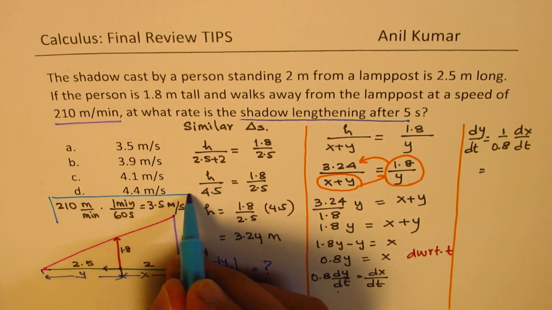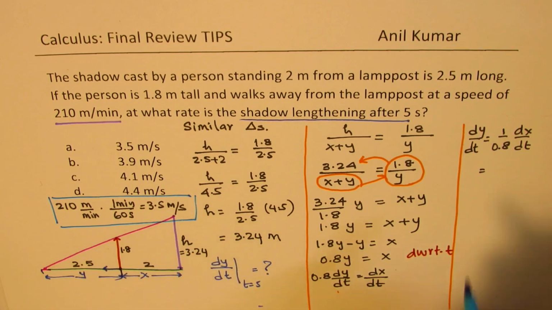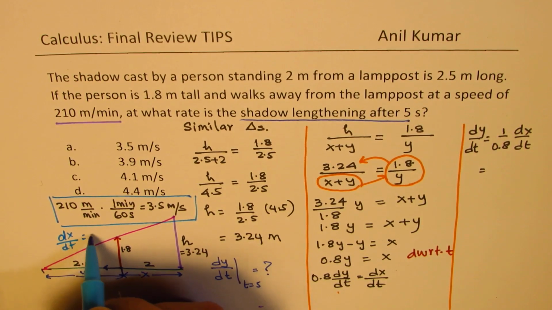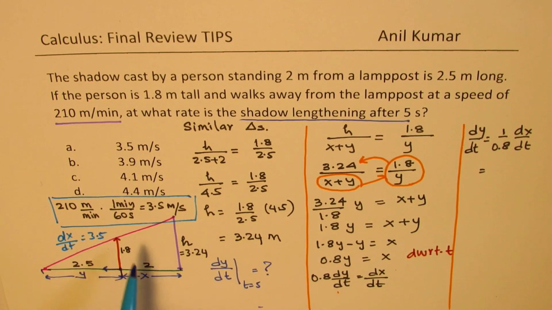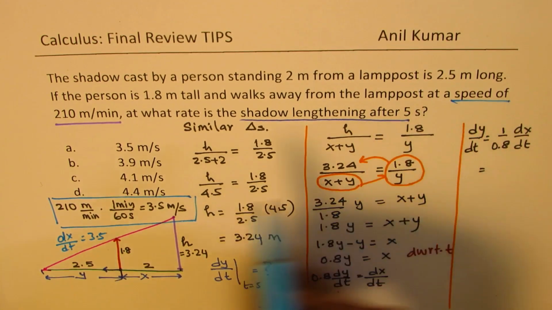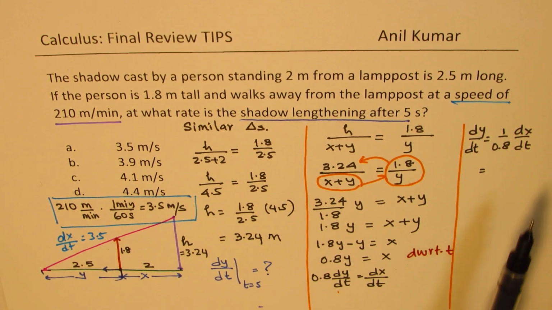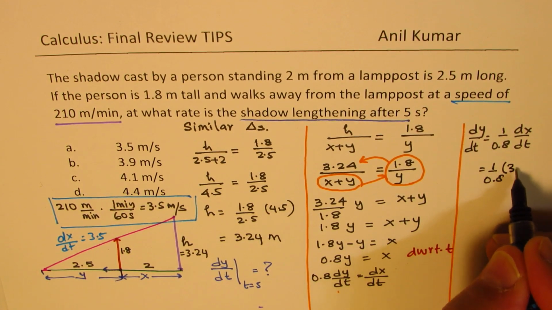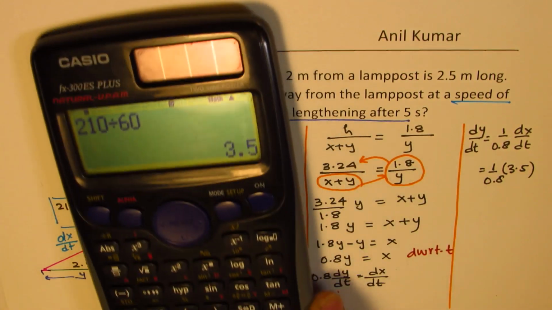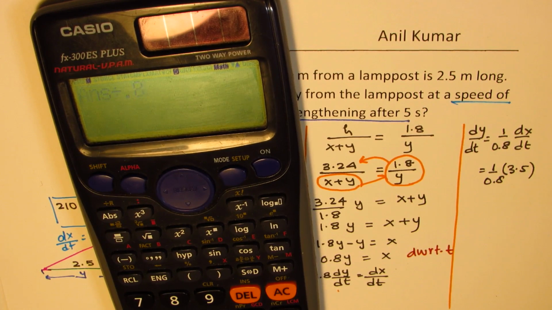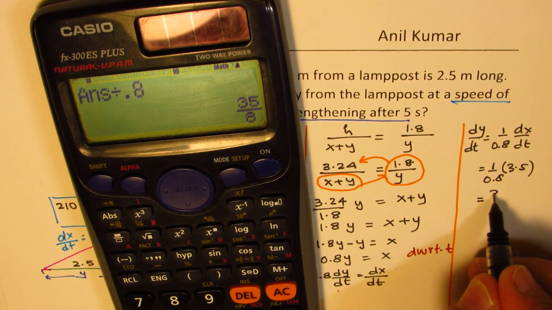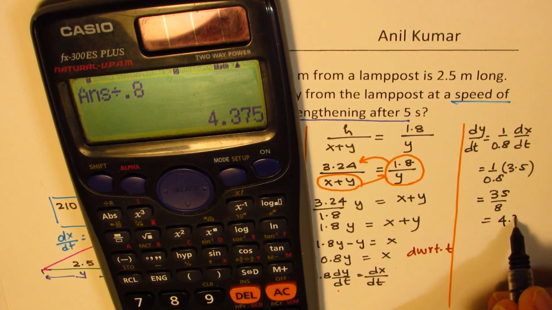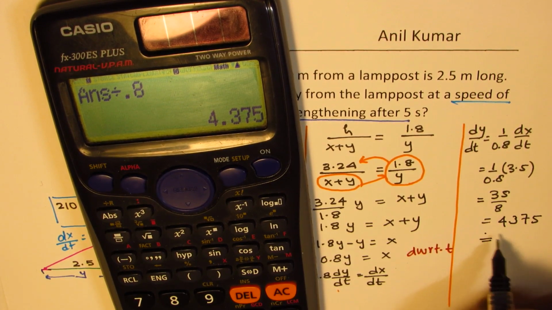So we know this is dx/dt. dx/dt is 3.5. Right, so this is the rate of speed at which a person is going. So we'll substitute this value here. So we get 1 over 0.8 times 3.5. So let's divide this 3.5 by 0.8 to get our answer, which is 35 divided by 8, or in decimals 4.375, which could be written as 4.4.